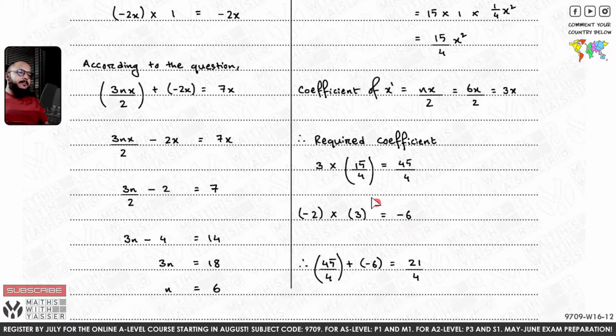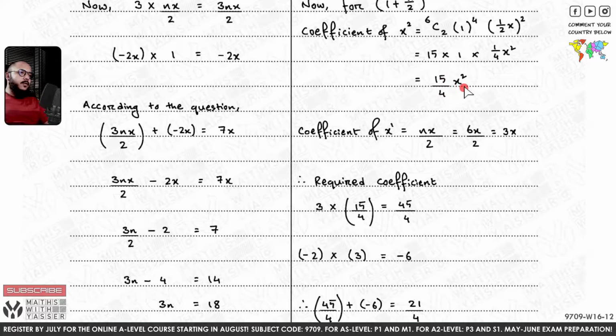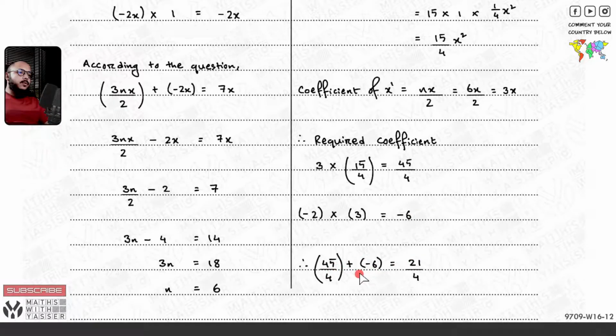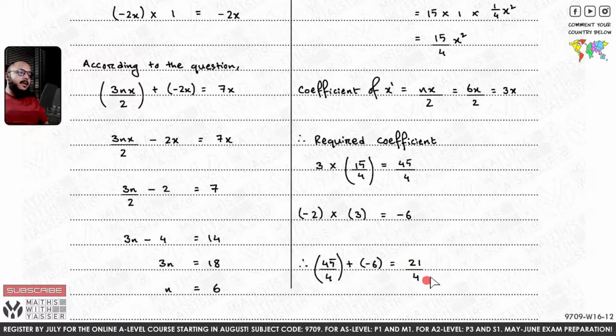So it will be 3 times 15 over 4, because 15 over 4 is the coefficient of x square, and negative 2 times 3, that is the coefficient of x for the expansion. That gives us 45 over 4 and negative 6. Now when you add these two, you get 21 over 4, and that is the coefficient of x square for the expansion.